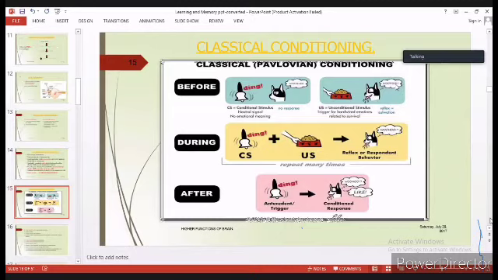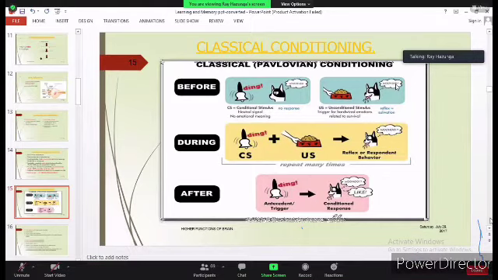Classical conditioning is like you did in psychology. It's about two unrelated stimuli, one that invokes a response and one that doesn't. Like the example we have there, we have that bell. When it rings, the dog doesn't respond to it because it's not conditioned. The other one is food, an innate response the dog is going to have.